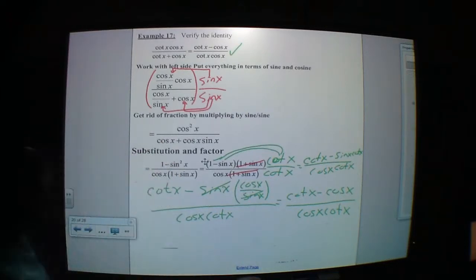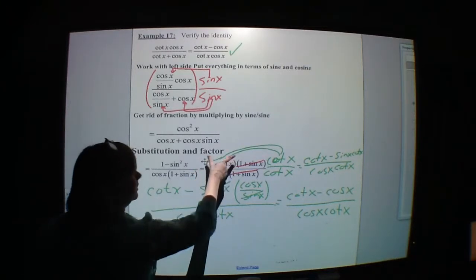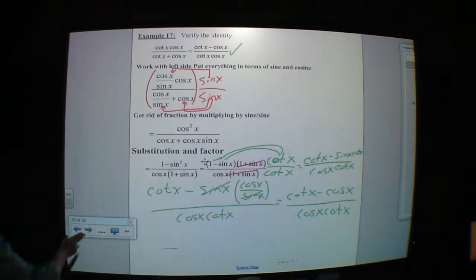Done. Not the only way to do it, but it works. Okay? You could have also, if you got stuck, you could have said, okay, I'm stuck here. Now let's work on the right side and simplify the right side, and maybe you could get the right side to look like this point that you might have been stuck at. That would work too.